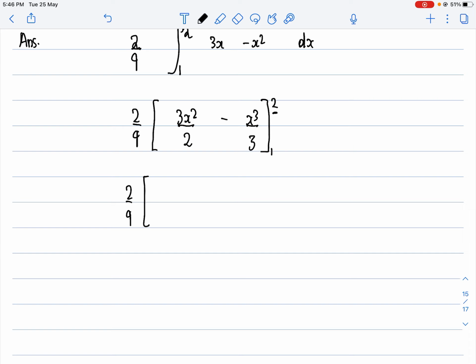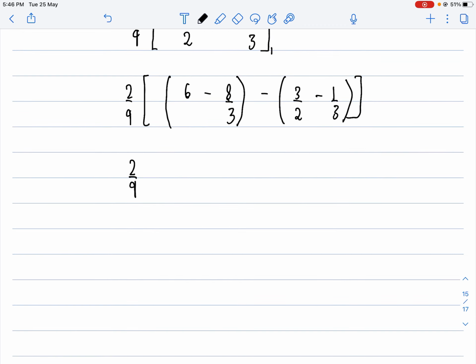When I put the limit 2 in the place of x, I get this basically as 6 minus 8 over 3, minus, now I'll put 1. So I'll get this as 3 over 2 minus 1 over 3. So I can basically write this as 2 over 9. 6 minus 8 over 3 is simply 10 over 3, minus 3 over 2 minus 1 over 3, which is simply 7 by 6.